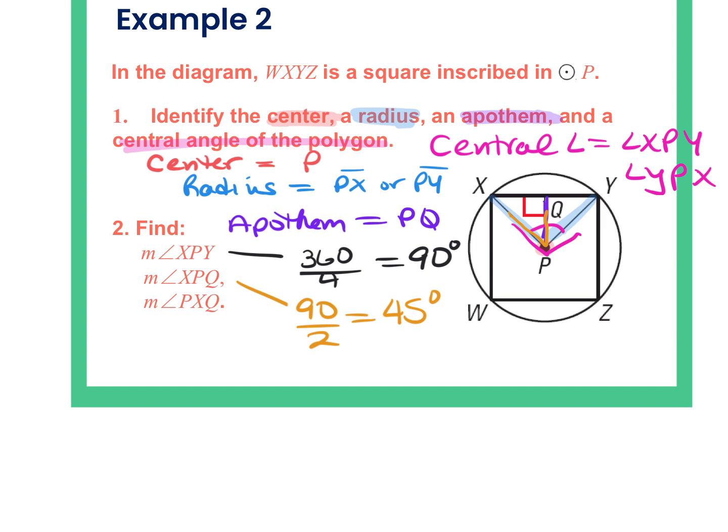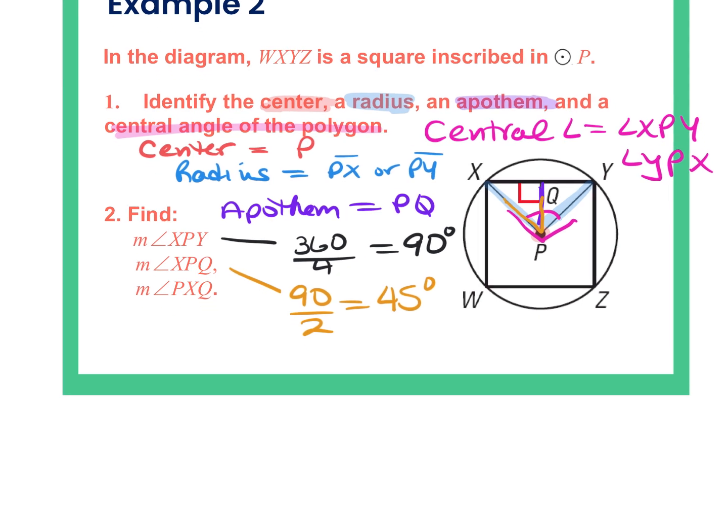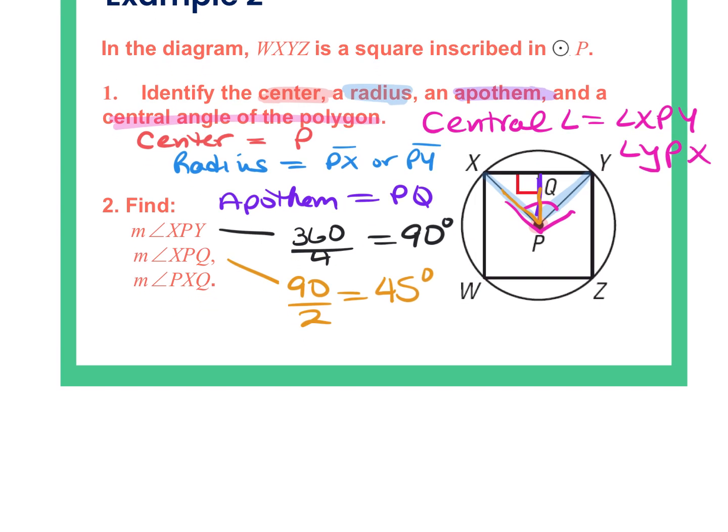And then lastly, PXQ. Let me pull this little triangle out of here. If I take this that I'm highlighting in pink, draw the purple side, and then my radius. Remember, this was a right angle here, and this angle we just found to be 45. So this would turn into our special right triangle.